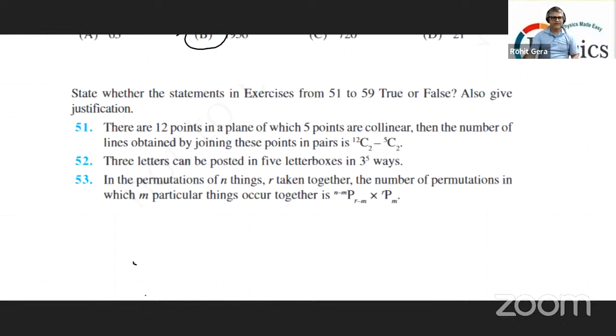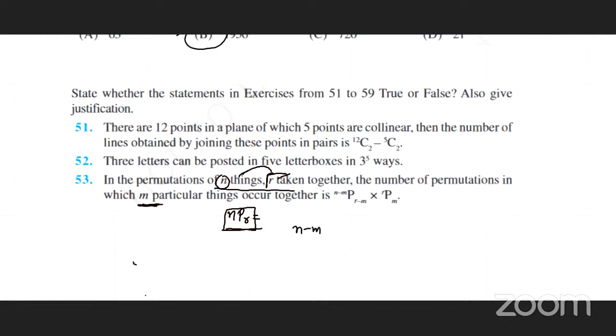If you just did NPR, if you select R things out of N, which means you have R vacancies which have to be filled by N, then straight away your answer would have been this. But what you're saying is you want M things to be together. So the number of options you have is N minus M plus 1.